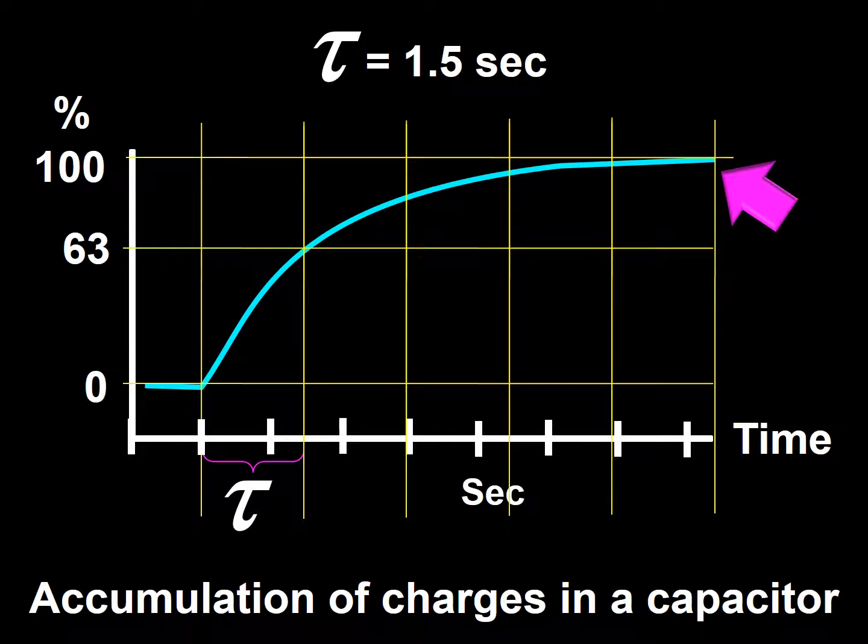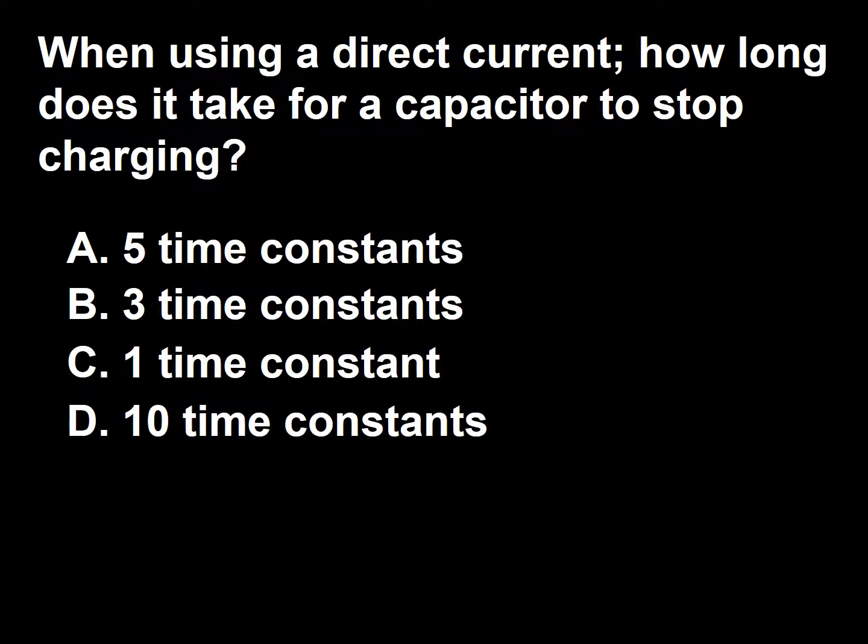Next batch of electrons that arrive in the 5th time constant will fill 63% of the space that was not filled before, thus by now filling the capacitor to 100%. Thus taking 5 time constants or 7.5 seconds for the capacitor to get almost fully charged. So the answer to this question is A, 5 time constants.